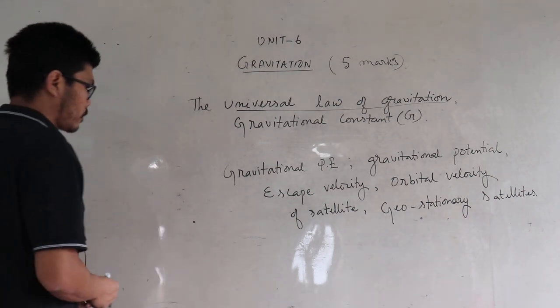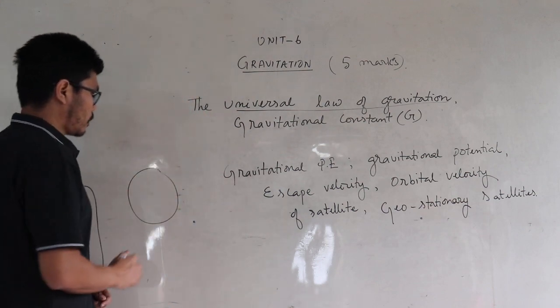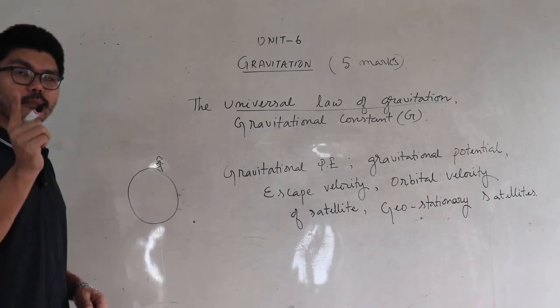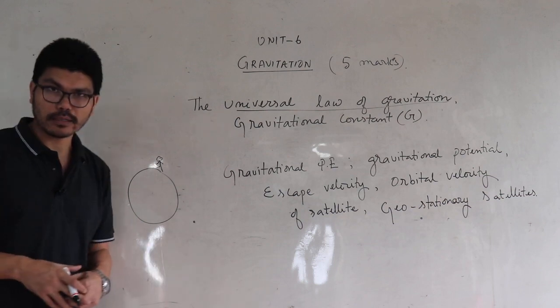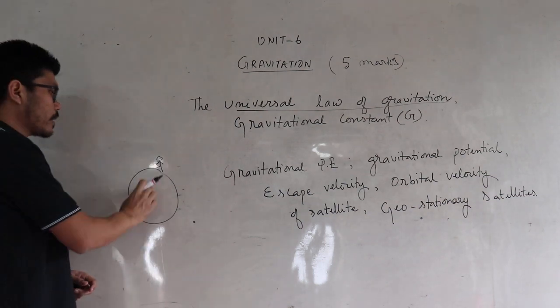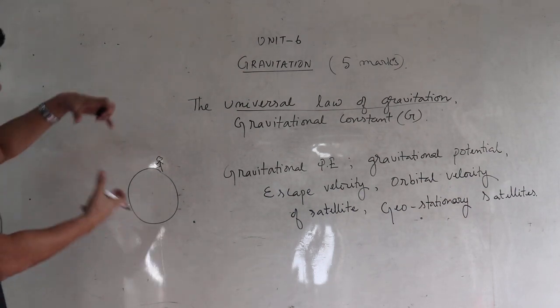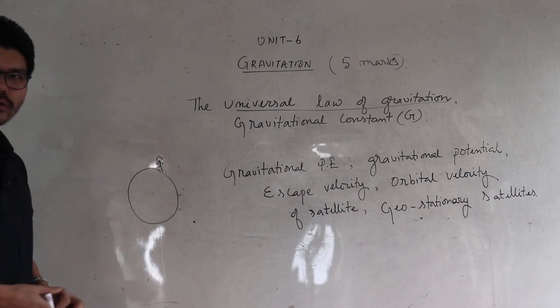For example, say Earth, and this is you, and you all know that you are bound by the gravitational field of the Earth. In other words, you are being attached to Earth. There's something binding it together. This type of attractive force is what we call gravitation.